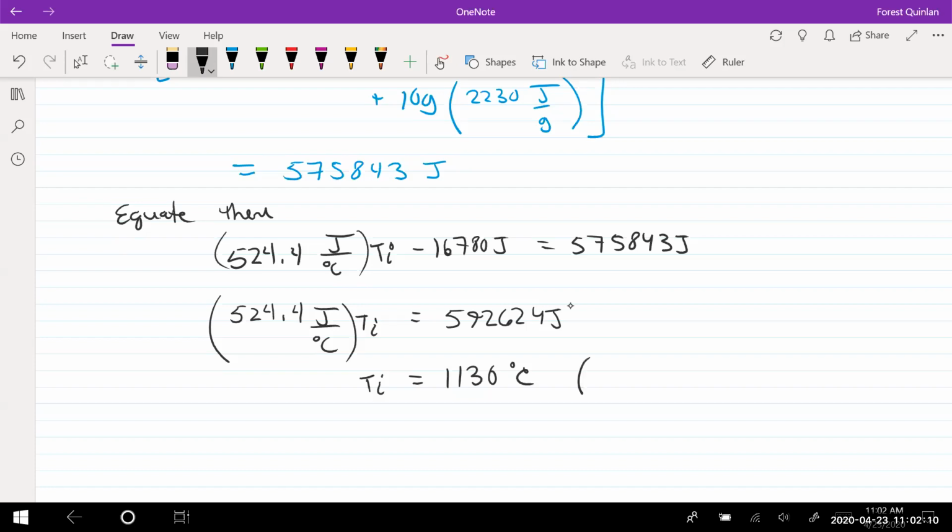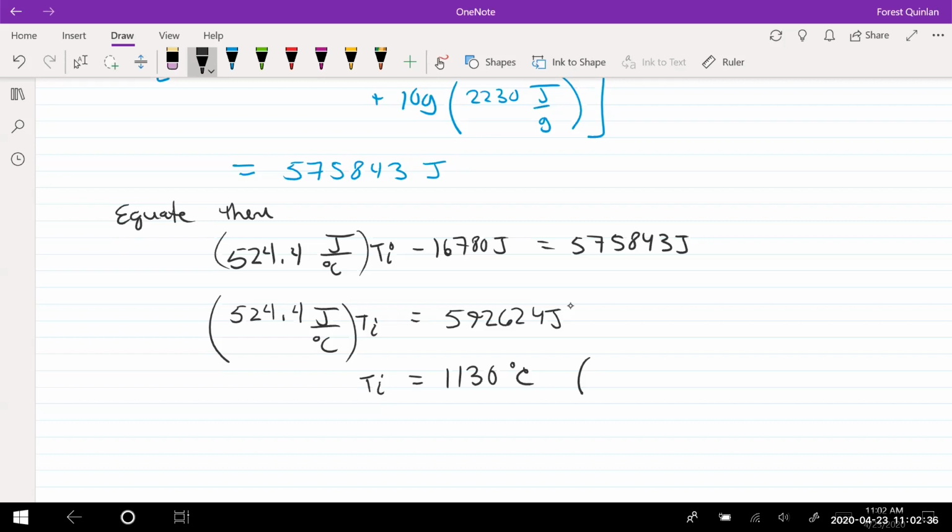Or, since we are blacksmiths, I guess we could actually convert that to Fahrenheit. Where's my calculator? Fahrenheit is 9/5 C, so 9 divided by 5 times 1130 plus 32.